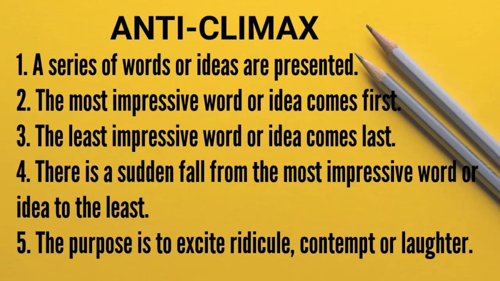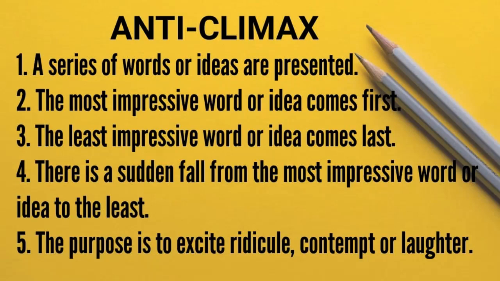So the essential features of anticlimax are, number one, a series of words or ideas will be presented, okay, followed by, number two, the next feature will be the most important word or the most impressive word or idea will come at the beginning, okay.